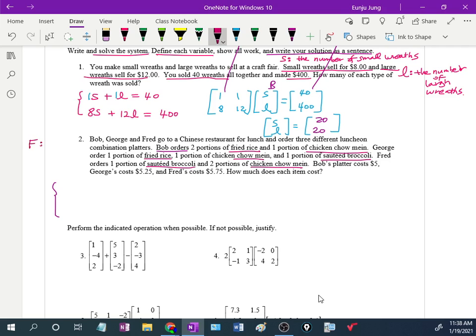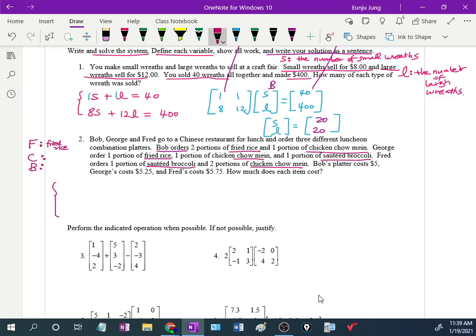Capital F stands for the number of portions of fried rice ordered. C stands for chicken chow mein. And B stands for the number of portions of sauteed broccoli ordered. B stands for broccoli. Okay, let's go with that.